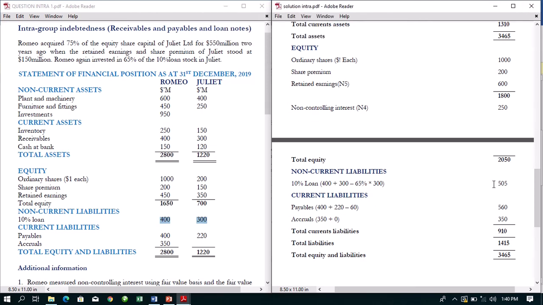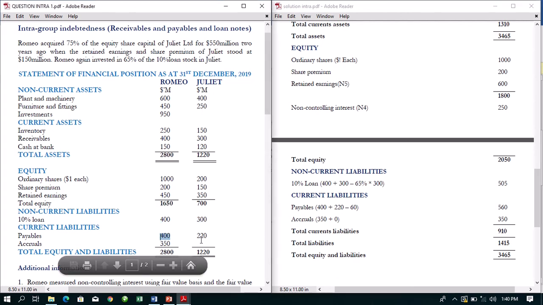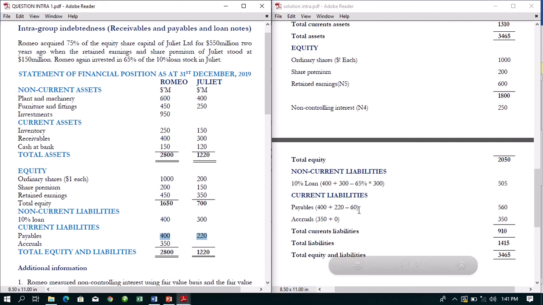So I can then move to current liabilities. As given to us in this question, we are told that payable is 400 and 220. So coming here, 400 plus 220. Don't forget, there is an intra-group payable in this question, and the intra-group payables according to our current account is given to be 60 million. So 400 plus 220 minus 60 million will definitely give me a total of 560 million.